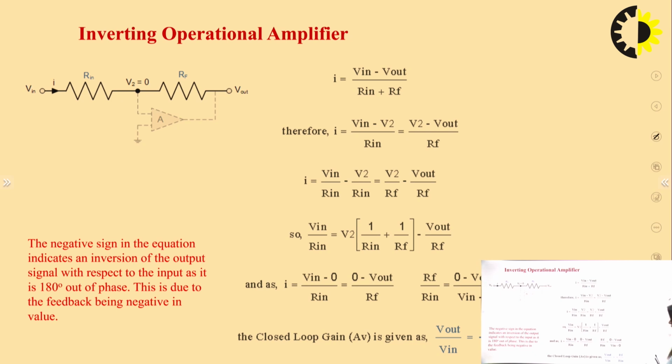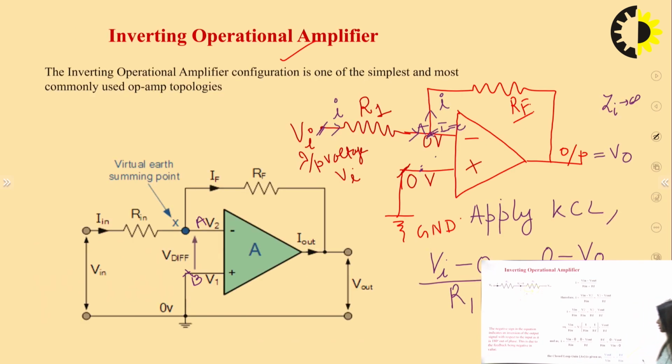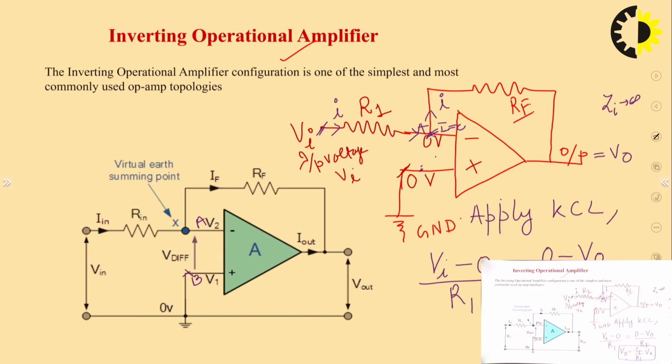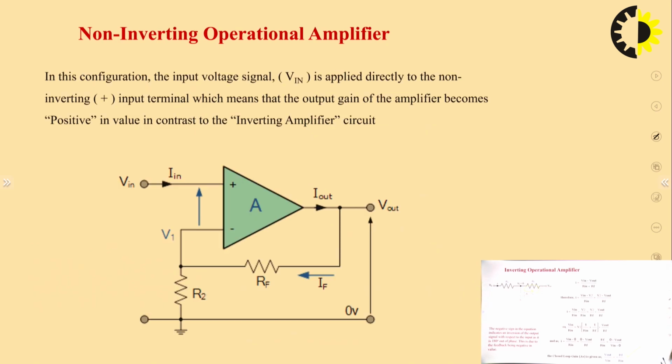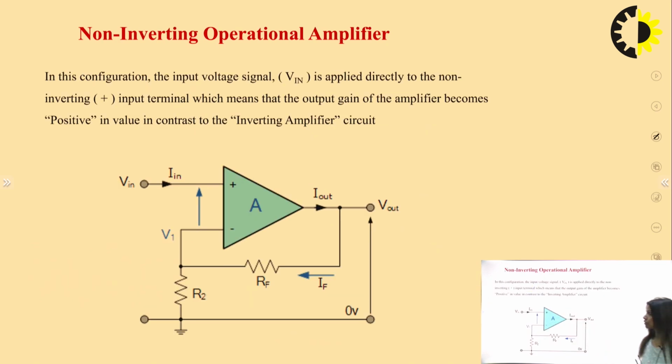So we have derived this output voltage, which can also be called the closed loop gain, because the op-amp is working in the closed loop configuration, as the output is connected back to the input. All this calculation can be reduced to this particular method. So this is only Kirchhoff's current law.